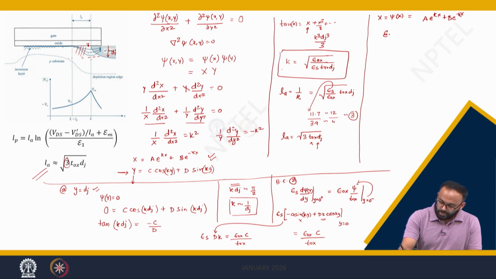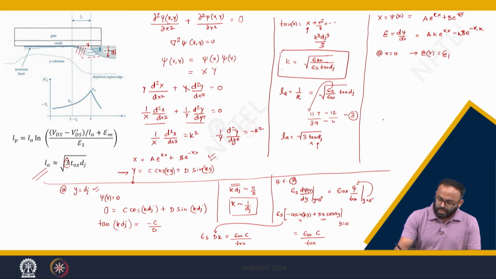We can simply find the electric field as d psi by dx, which is a into k e to the power of kx minus b into e to the power of minus kx into k. Now, at x equals 0, the electric field was E1, and at x equals Lp, the electric field is defined as maximum.